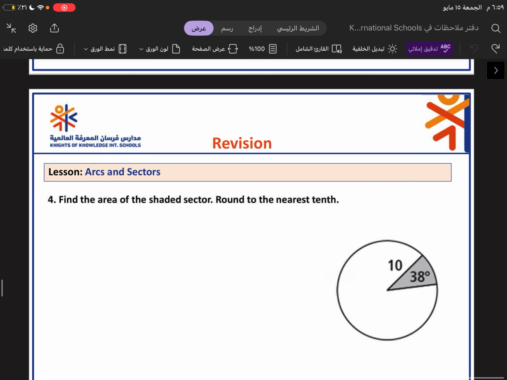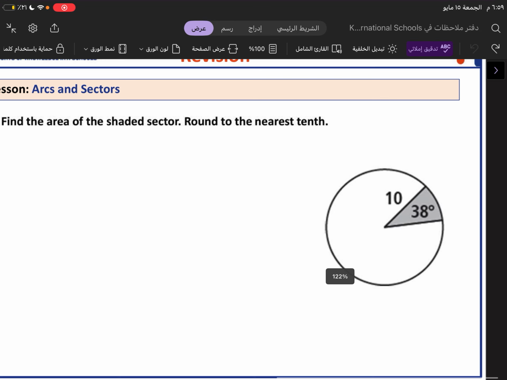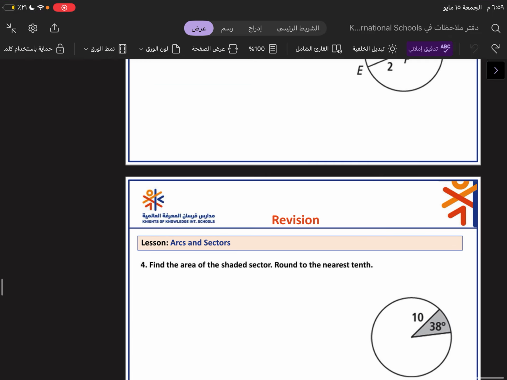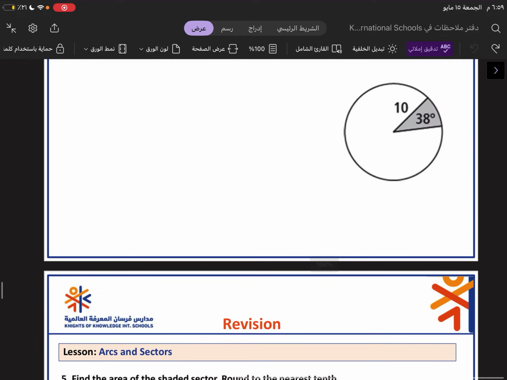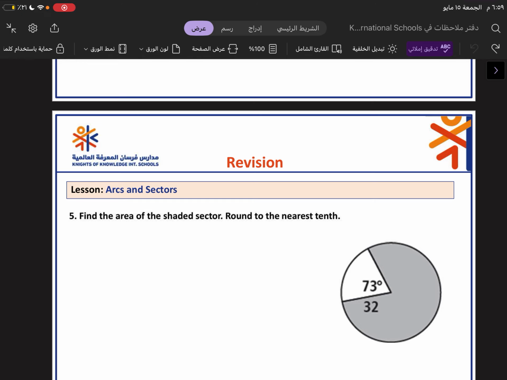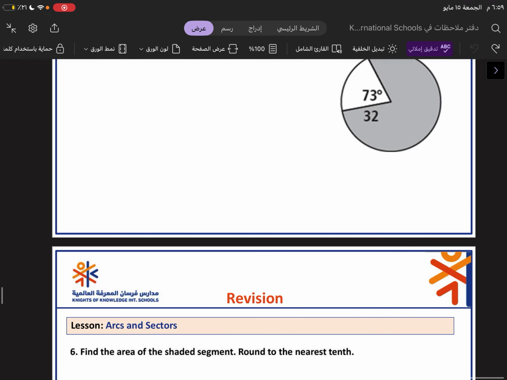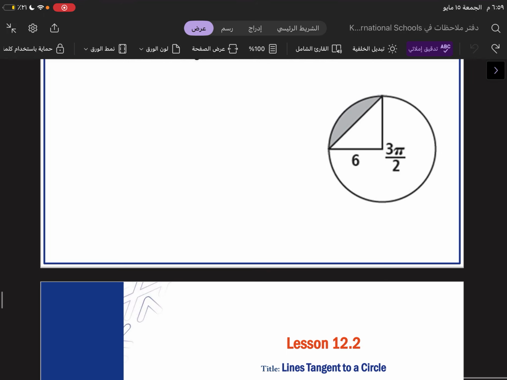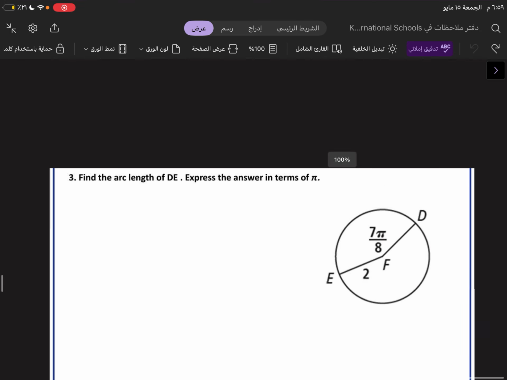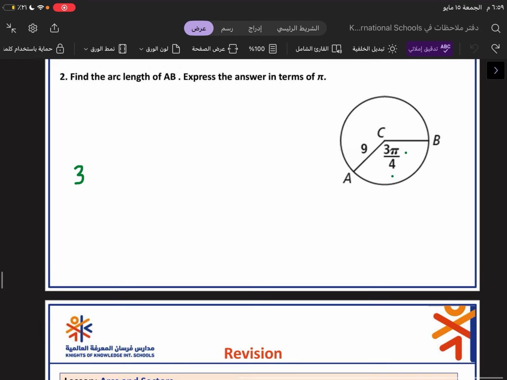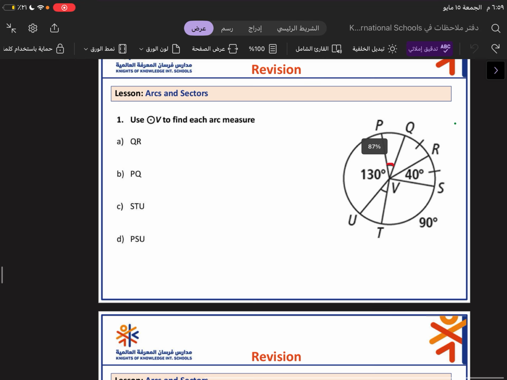Now here, see, it asked me for area, and here, let me see, arc length. Now I'm looking for area also. I need the arc length if the angle is in radians.